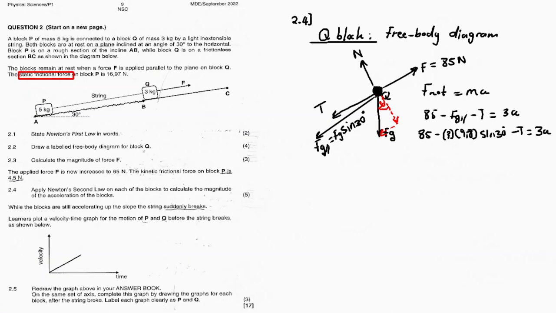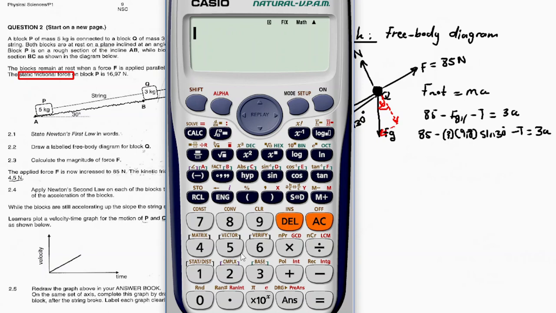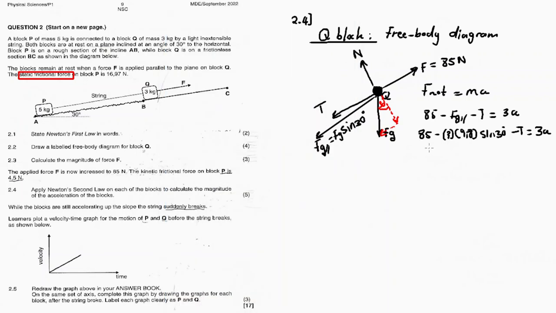Then simplify here: 85 minus 3 times 9.8 times sine 30 degrees, this is equal to, it's plus here, so it's 70.3.